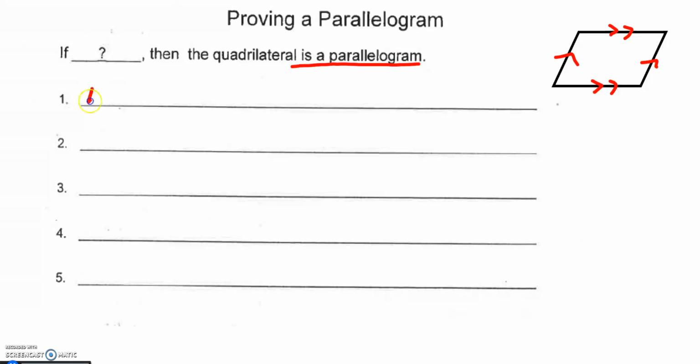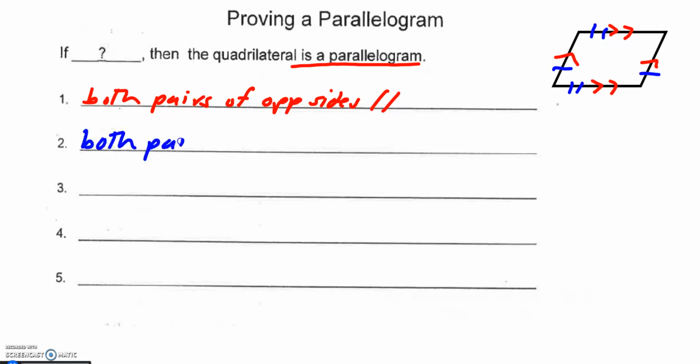So if both pairs of opposite sides are parallel, then it's a parallelogram. In the same way, if you can prove that both pairs of opposite sides are congruent, then you have a parallelogram. Both pairs of opposite sides congruent.